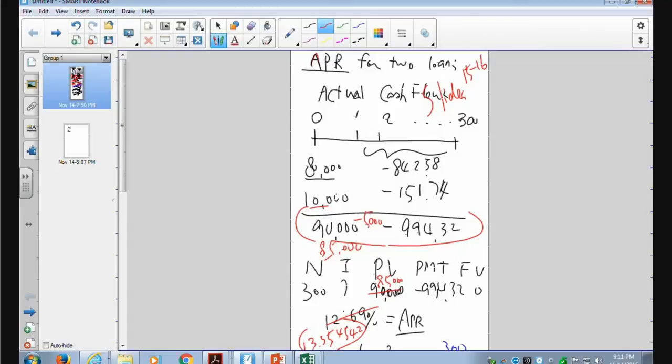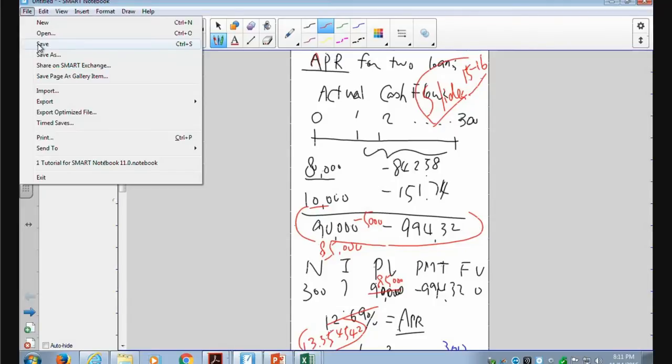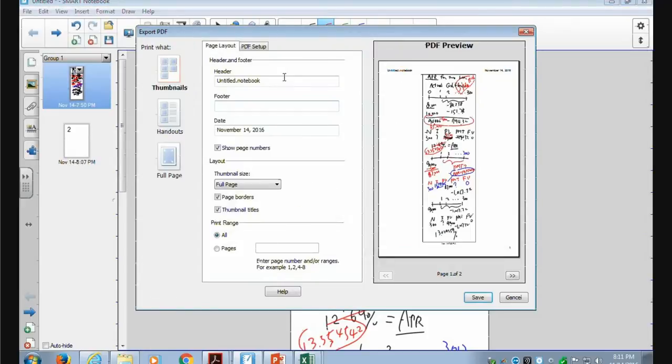Is this good enough? Magdalene, is it good enough? Yes. Can you see it? Slide 15. Okay, so now I export, but then eventually I will combine. You will figure it out. Okay, let me save it.